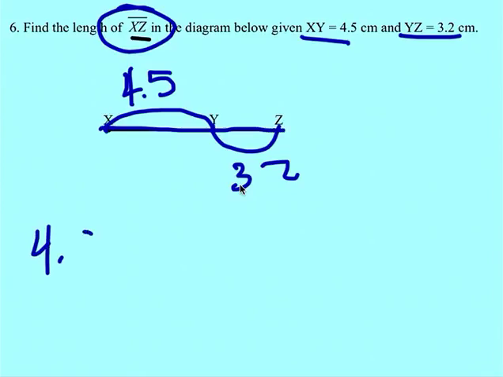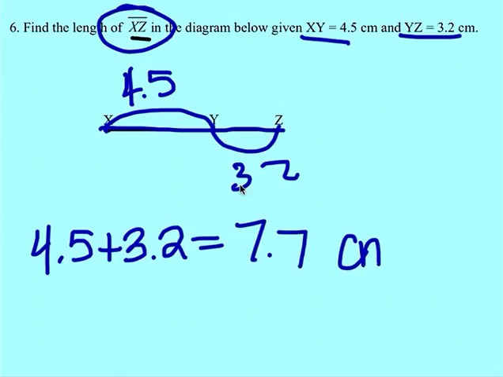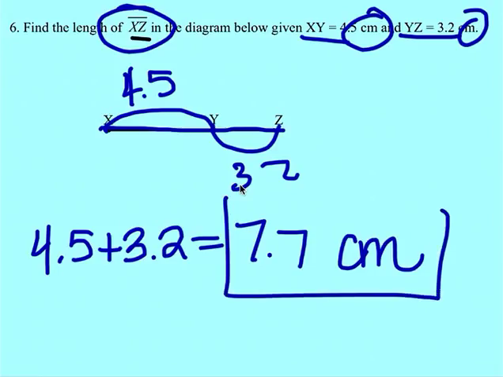So to get the entire length of this line, I'm just going to take 4.5 plus 3.2. And when I do that, I end up getting 7.7. And now I'm going to label it as centimeters because that's the label they gave us in the original problem. So that's our final answer for number 6.